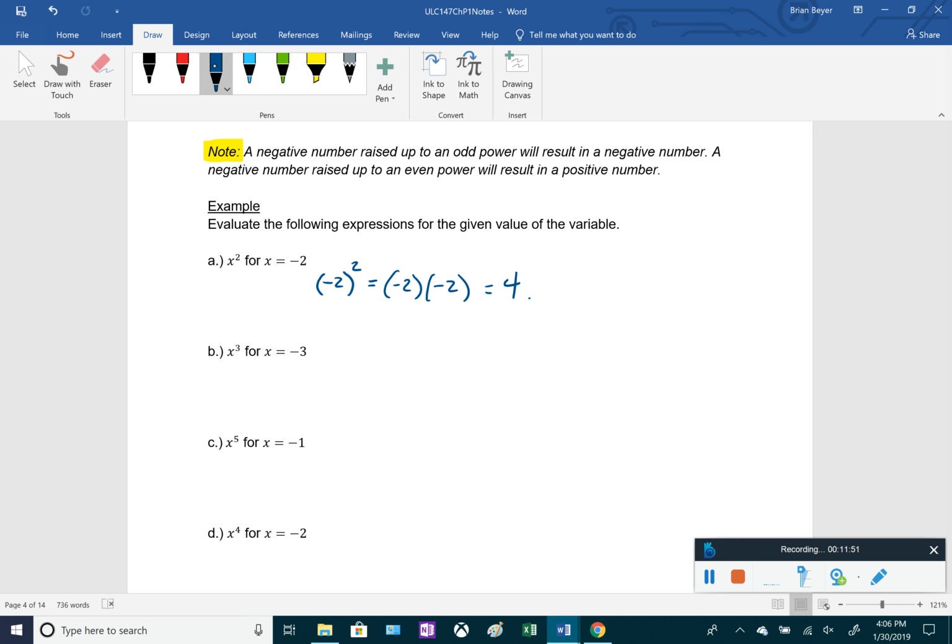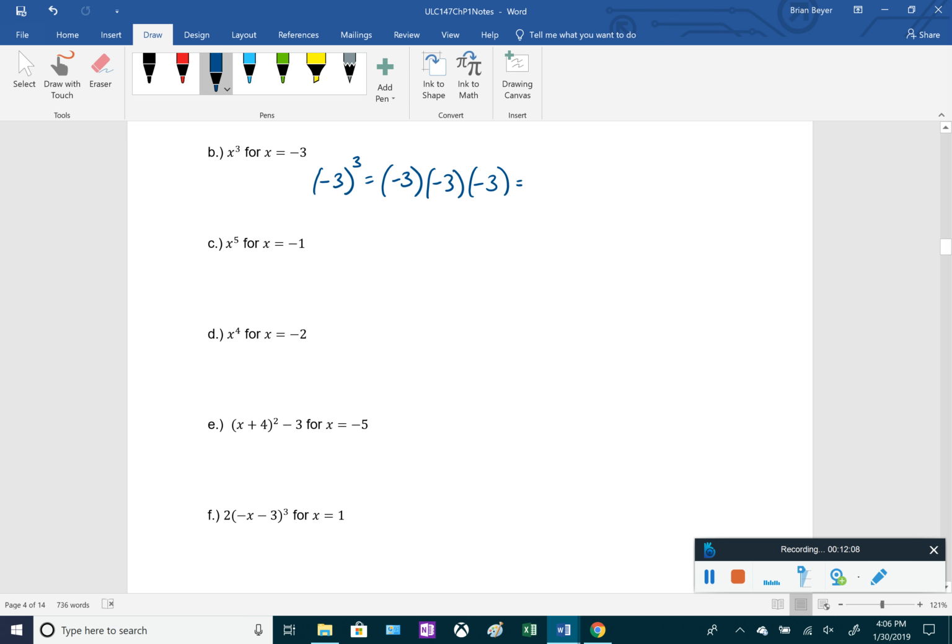X cubed, let's evaluate x cubed when x is negative 3. So that's going to be negative 3 cubed. We know that means negative 3 multiplied together 3 times. So it was raised to the power of 3. So what that means is that we're going to have a leftover negative when we multiply, so our answer is going to be negative.